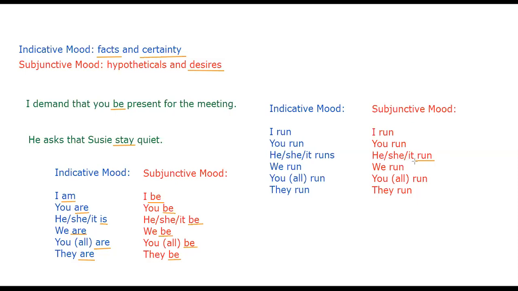For the third person singular, we don't use runs, we use run, compared to the indicative mood, runs. That's something to keep in mind. That's the only place for regular verbs where the subjunctive differs from the indicative. The rest is just the same. So I run and I run are both indicative and subjunctive. But he, she, it runs is not the same as he, she, it run. So don't confuse these two.